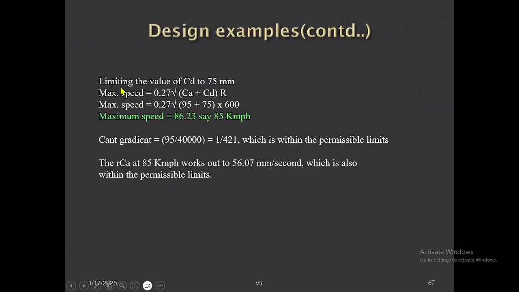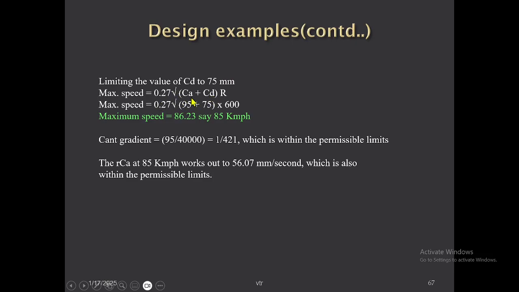Next, the limiting value of Cant deficiency we normally keep at 75 mm, because nothing specific is given. That is the lower value, which is okay for all other trains. Whatever Cd is applicable, we take 75 mm. For the maximum speed, earlier, to calculate Ca, we took 2Ca, but here we take the actual Cd permitted.